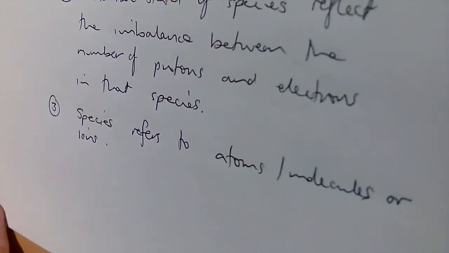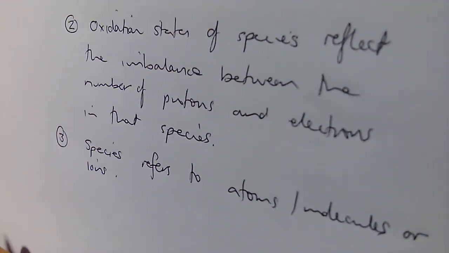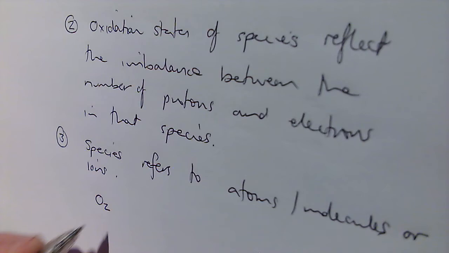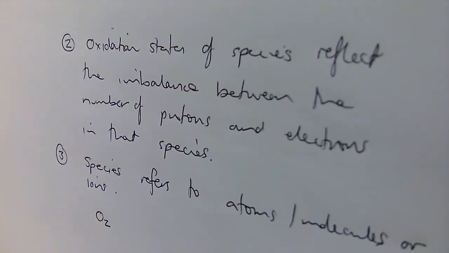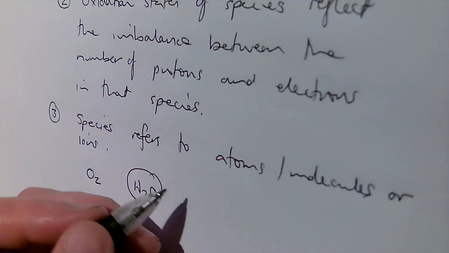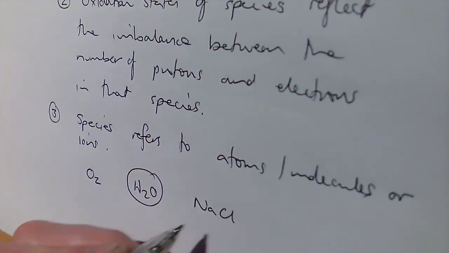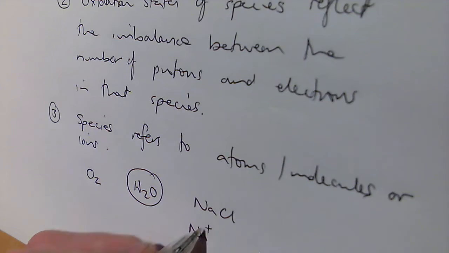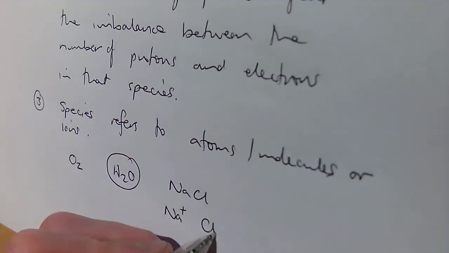If I take something like oxygen, O2, that would be oxygen molecules, because I've got atoms of non-metals which are covalently bonded. If I had H2O, that would be a compound, but it'd still be a molecule. If I take something like NaCl, that's made from sodium ions and chloride ions. So the species it's made up from is the Na+ ion and the Cl- ion.